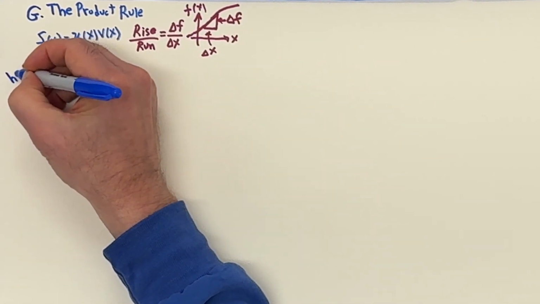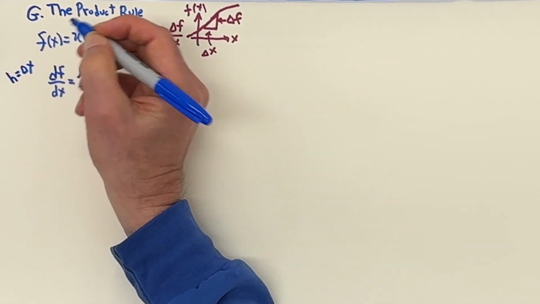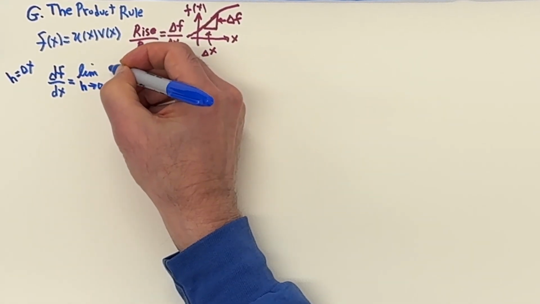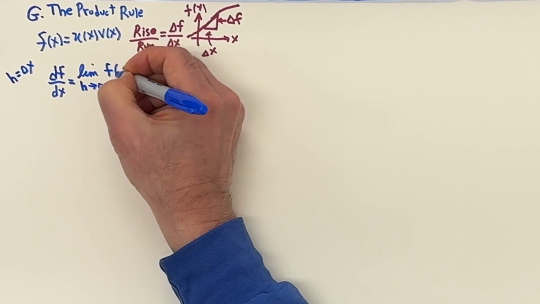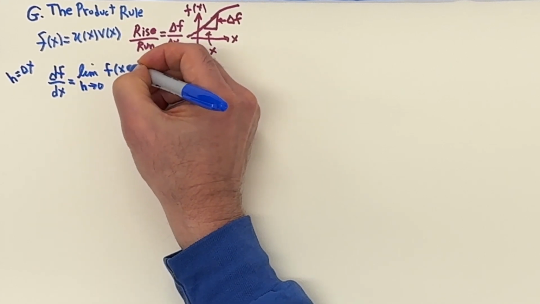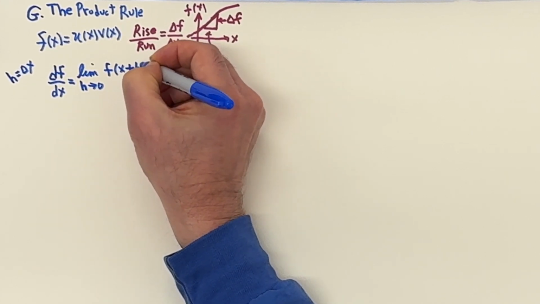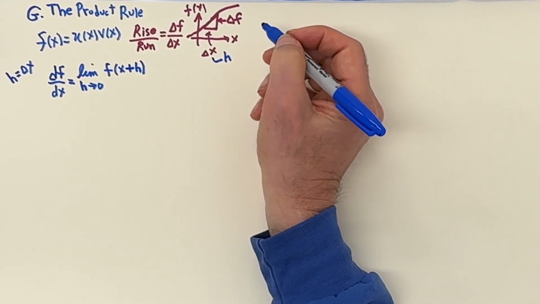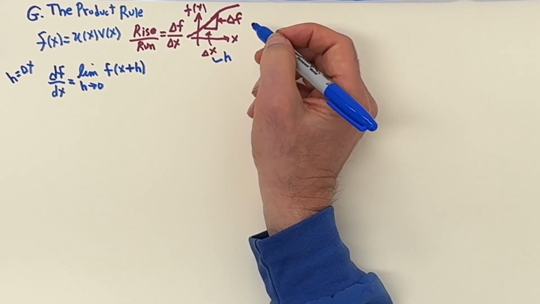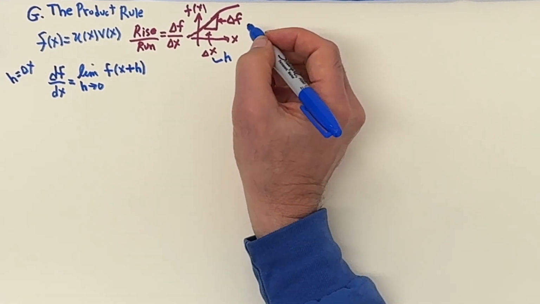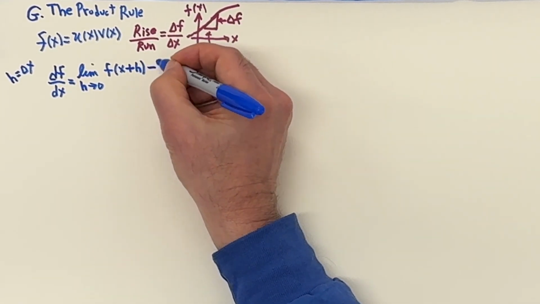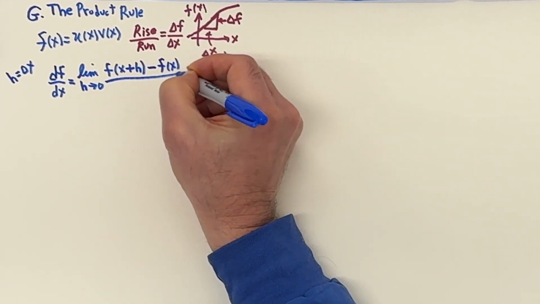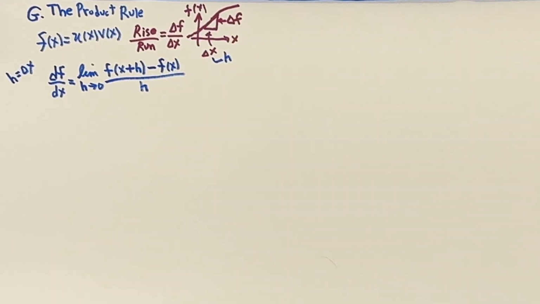So I'm going to have here the limit as h goes to 0, and we're going to have f of what I would normally write x plus delta x. I'm going to write h. In other words, we're letting h be the delta x. I think in this case it'll be less cumbersome notation. And then we're going to subtract f of x, and then we're going to divide by h.